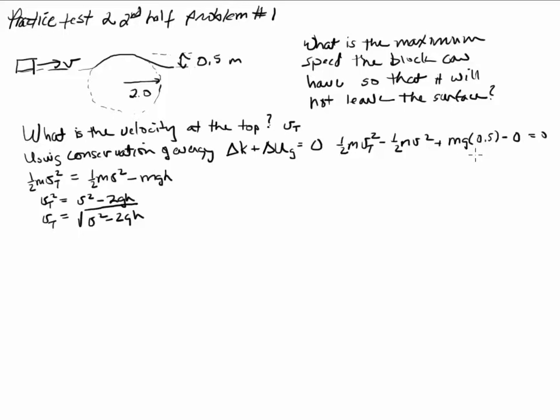And then the gain in potential energy, of course, is mgh. That's mg times 0.5. Using a little bit of algebra, we can then solve for the velocity at the top in terms of the initial velocity, because it is this initial velocity right here that we're going to want to solve for ultimately.